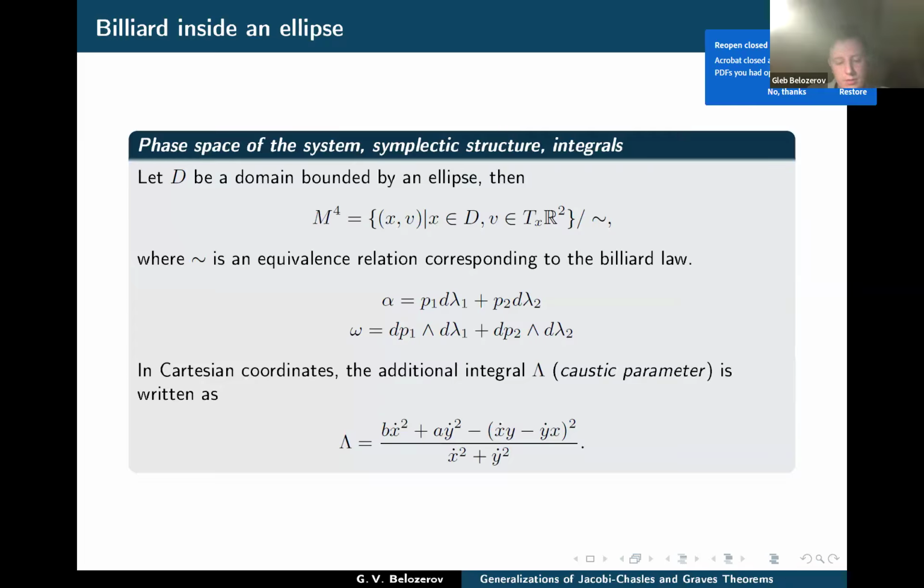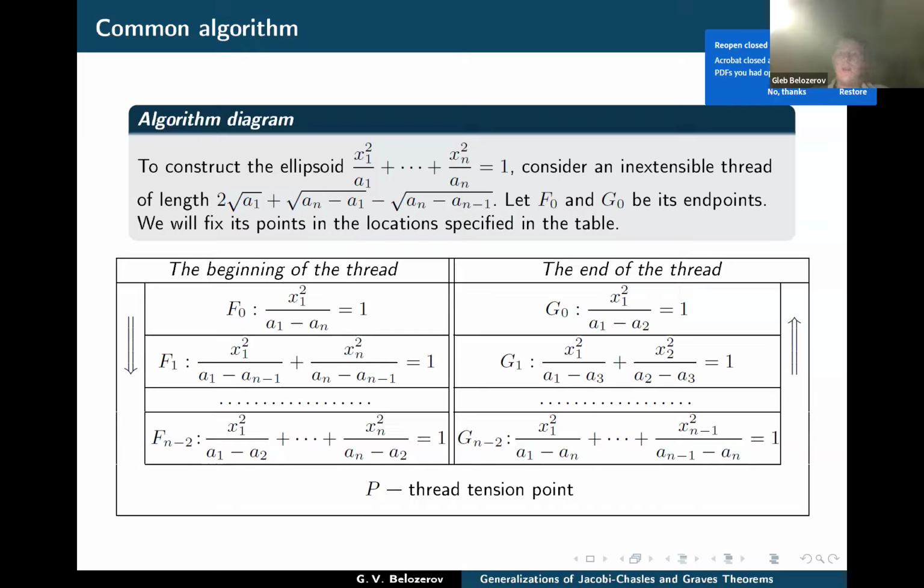To construct the ellipsoid given by the following equation, consider an inextensible thread of the length 2 times the square root of a1 plus the square root of an minus a1 plus and so on, minus the square root of a n minus a n minus 1. Let F0 and G0 be its endpoints. We will fix its points in the locations specified in this table.